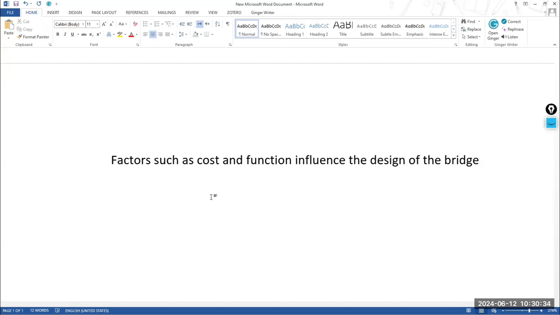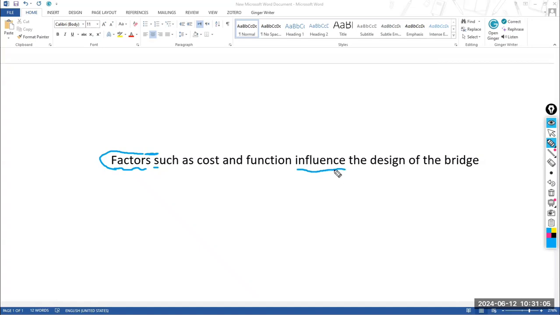Yes, it's the subject. So now I don't know if the speaker said factor as singular or factors, because we have S. He said factors such as. So we don't know if we have to use the S or not.